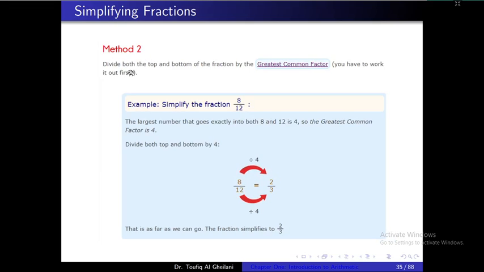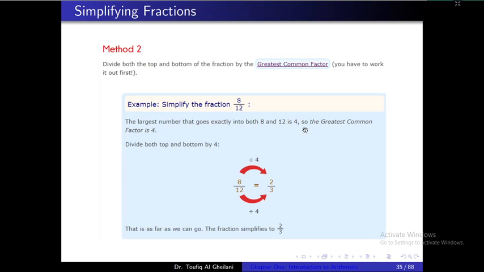Method 2: divide both the top and bottom of the fraction by the greatest common factor, and this is what we did in the previous lecture. For example, simplify the fraction 8 over 12. The largest number that goes exactly into both 8 and 12 is 4.